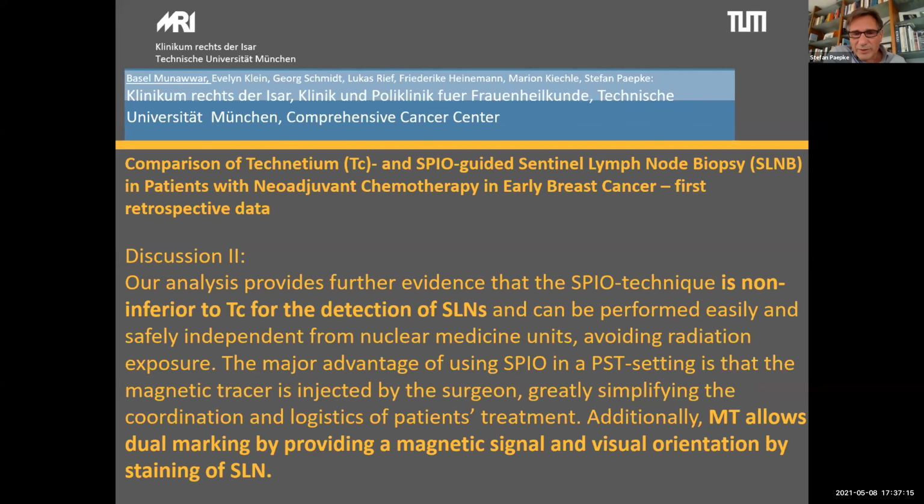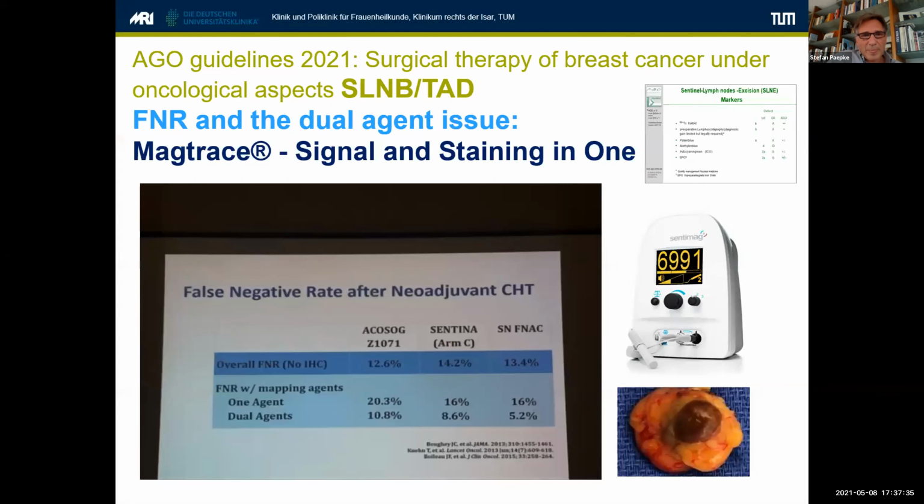What I pointed out is that it is greatly simplifying all the coordination and logistics in patient treatment, and you have the benefit to find the sentinel lymph node guided by visual orientation because of staining and of the signal.